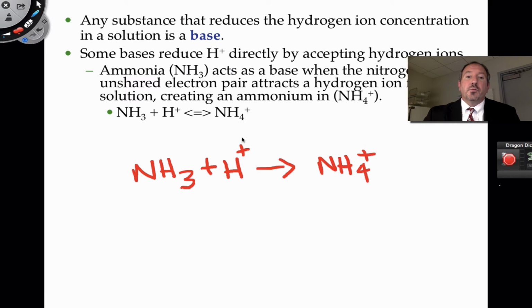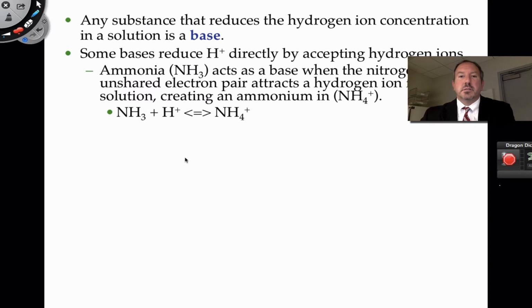And so if it reduces the hydrogen ion concentration, it actually is considered to be a base. That would lower the pH by lowering the hydrogen ion concentration. I'm sorry, I didn't mean to say lower the pH. It would raise the pH and make it more basic by accepting those protons.